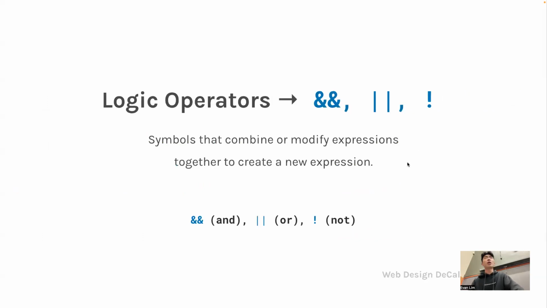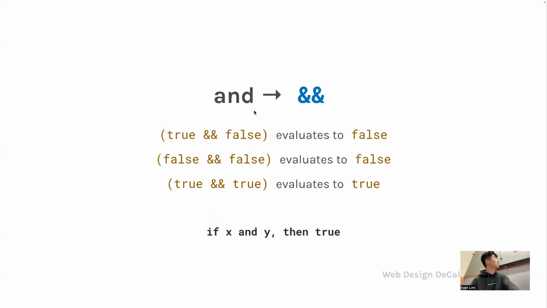We also have logical operators to combine different Boolean expressions to make more complicated functionality here. We have the and, or, and the not. How might we see this? If we have a true expression and a false expression, that is false. If we have a false and a false, that is still false.